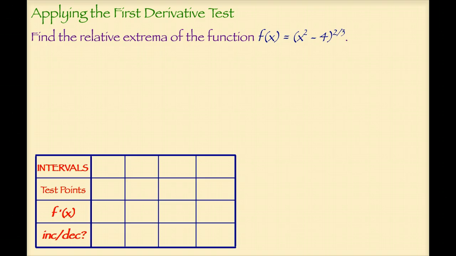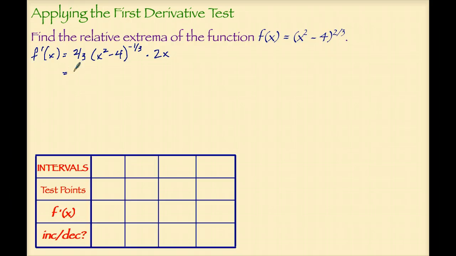In our last example, we're once again going to apply the first derivative test in order to find the relative extrema of the function f of x equals the quantity x squared minus 4 to the 2/3 power. Of course, we'll start with the first derivative, and notice that we'll need to use the chain rule for this derivative. We're going to have 2/3 times the quantity x squared minus 4 to the -1/3 power times 2x.